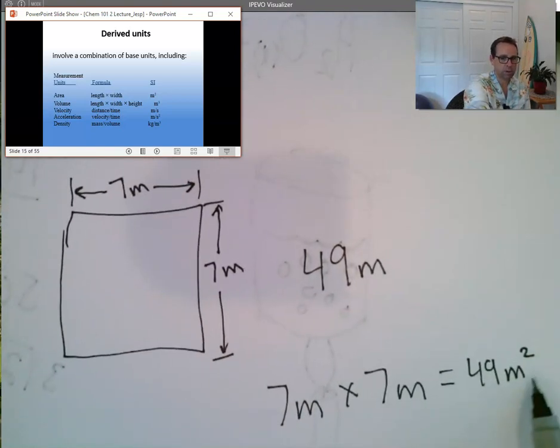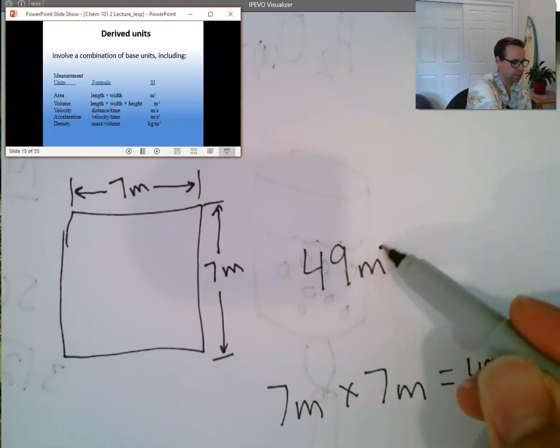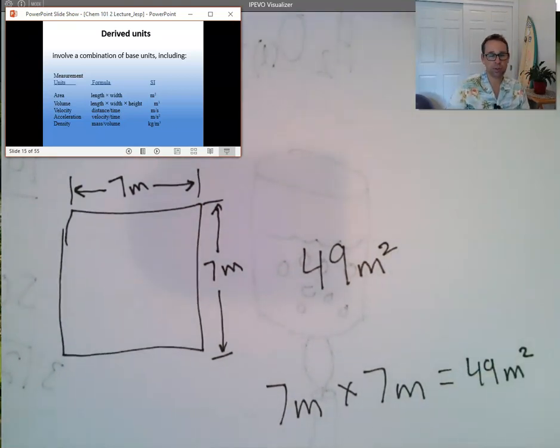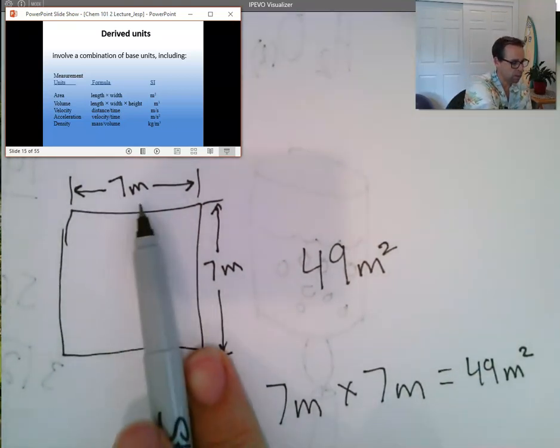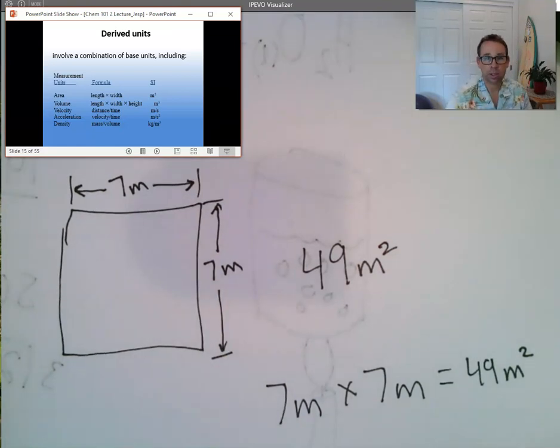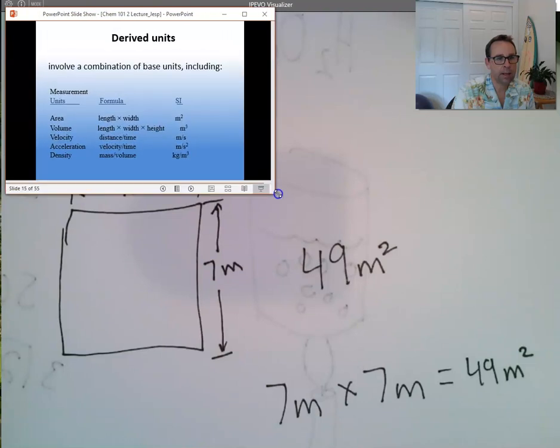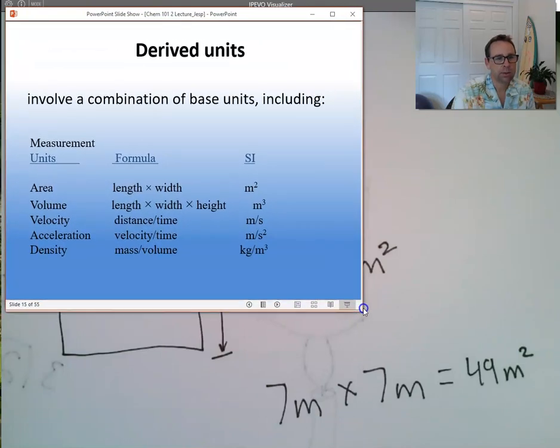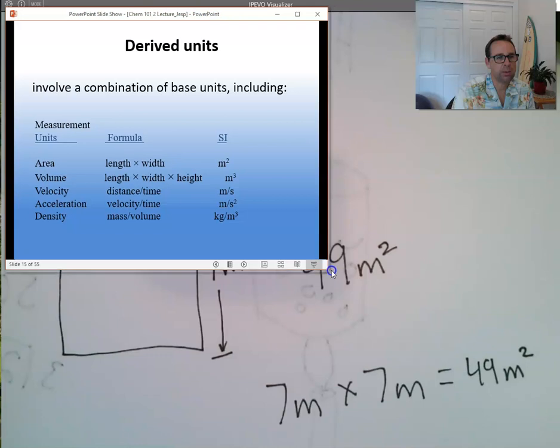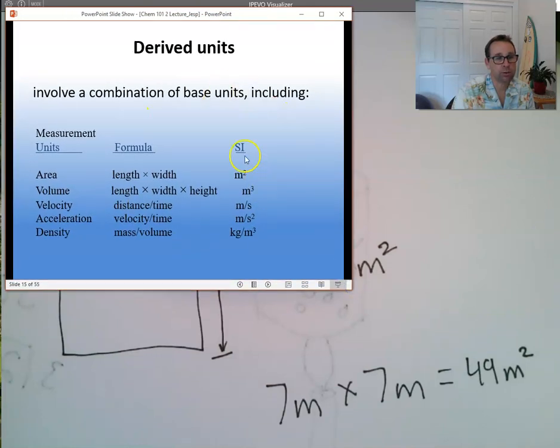So the answer is 49 meters squared, because just like we multiplied the number, we have to multiply the units as well. Okay? So you can multiply, divide, add units together, right? So we make sure that we recognize that we can derive, that means do math on and find the units that correspond to the math that we performed.